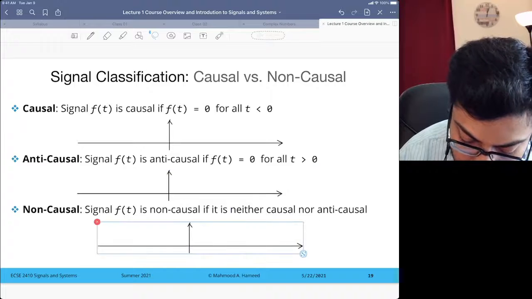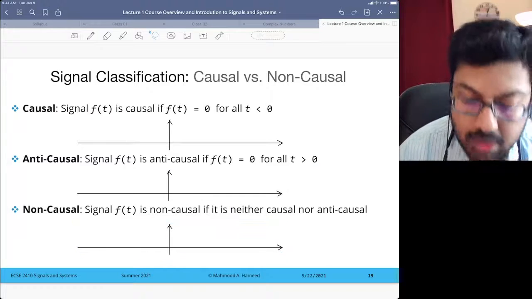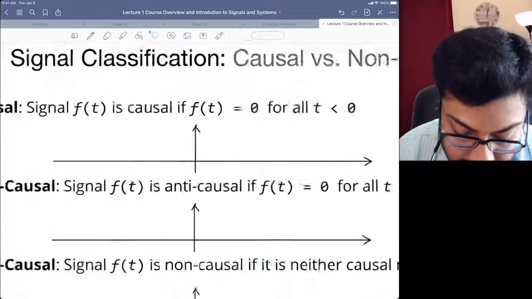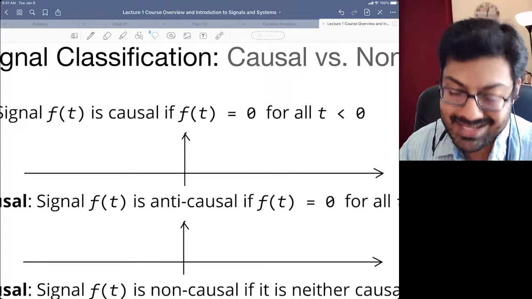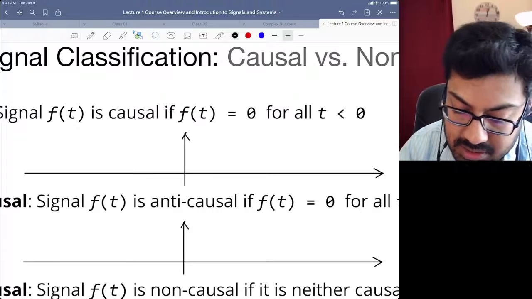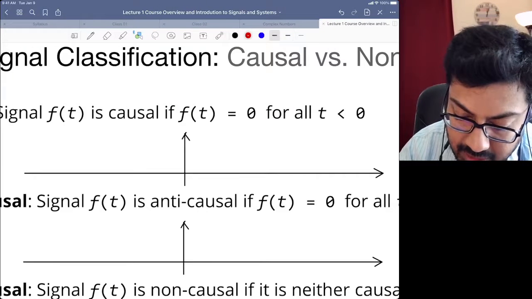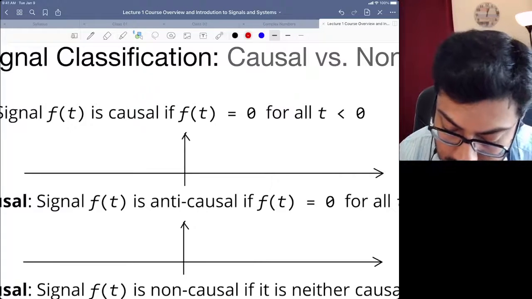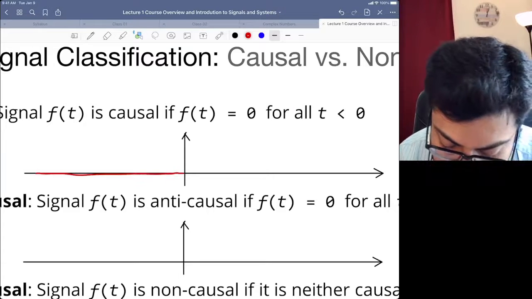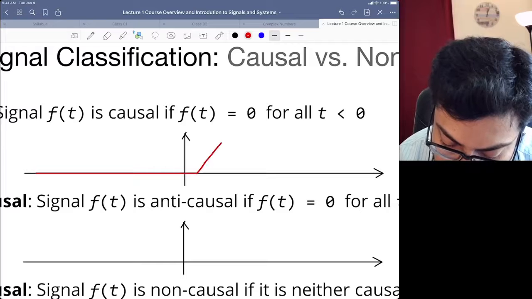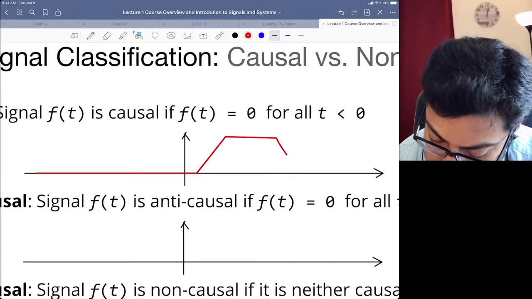So I can just do this for all of these: causal, anti-causal, and non-causal. For the first one, I have a causal signal which is supposed to be 0 for all time less than 0. Right, let's sketch this. This can be arbitrary, so it can be anything really. So I'll say 0 and then some signal there.